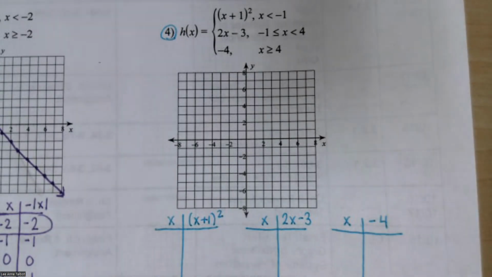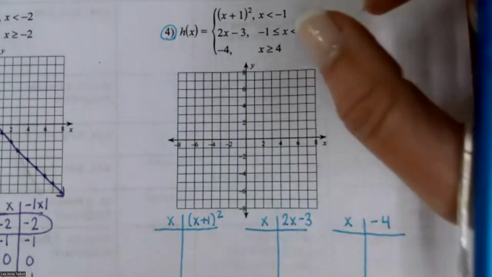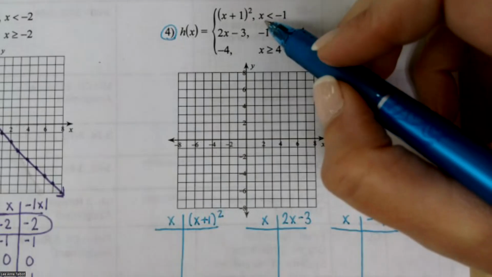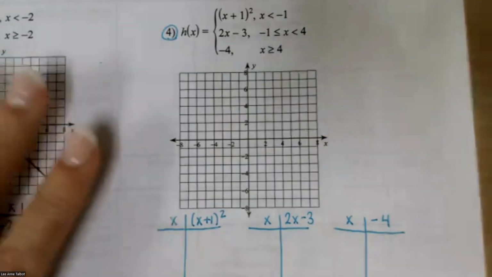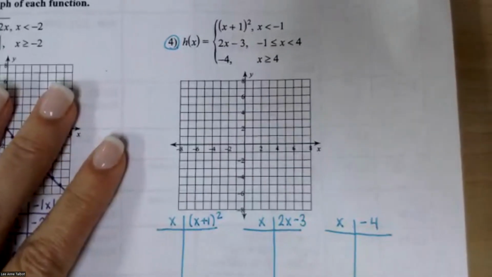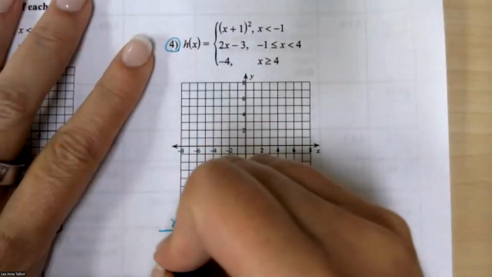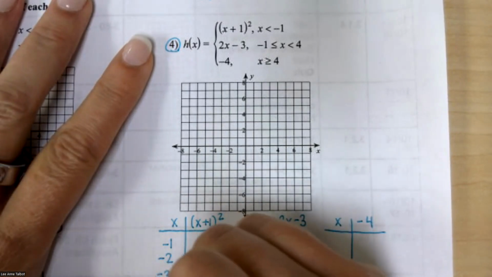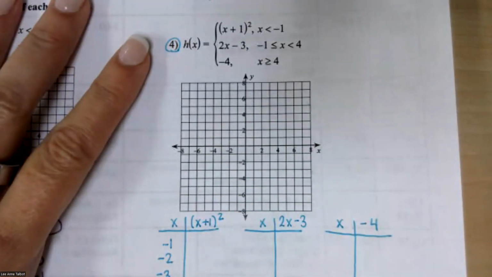That part's okay. I think the hardest part is figuring out what x's to use. Maybe these aren't really hard anymore, but x is less than -1 for the first piece. So I'm going to go -1 and less and less.